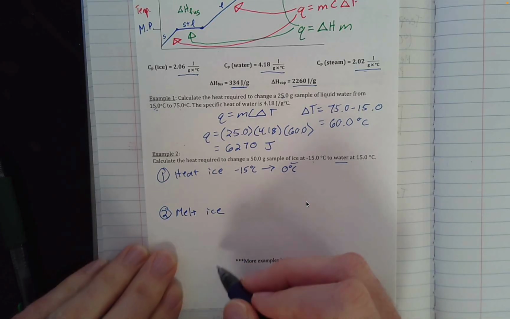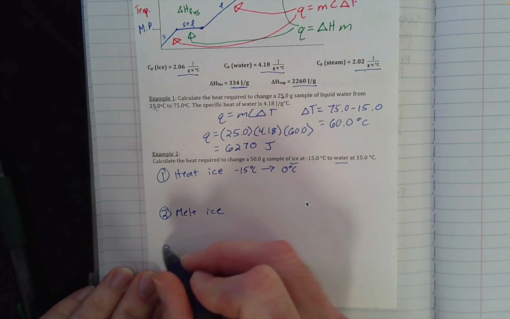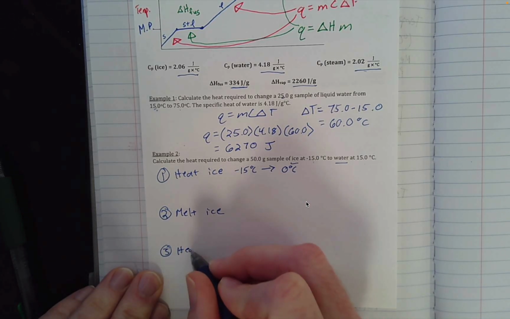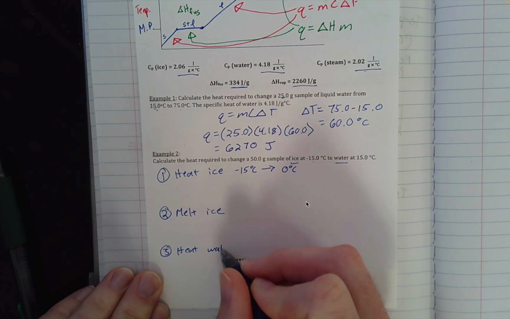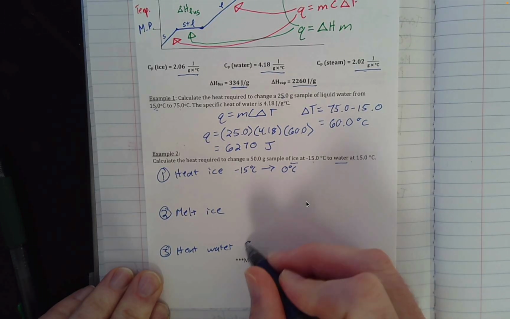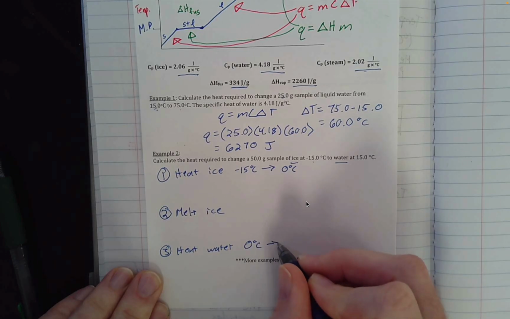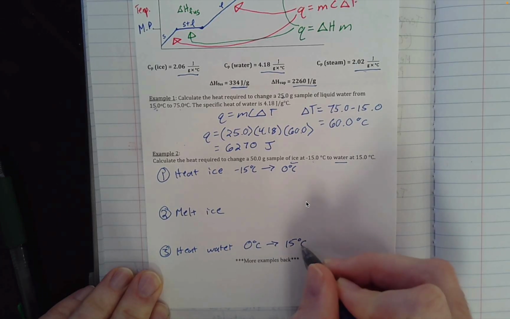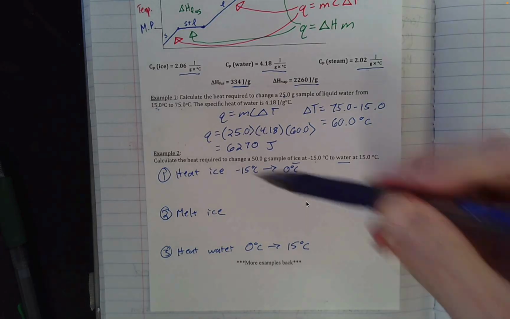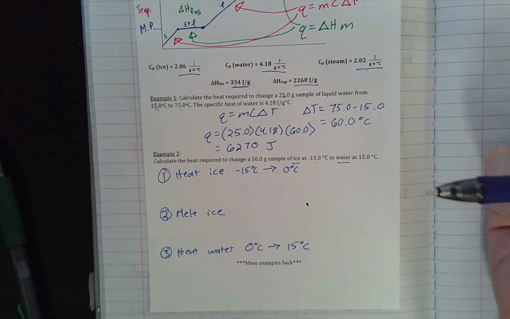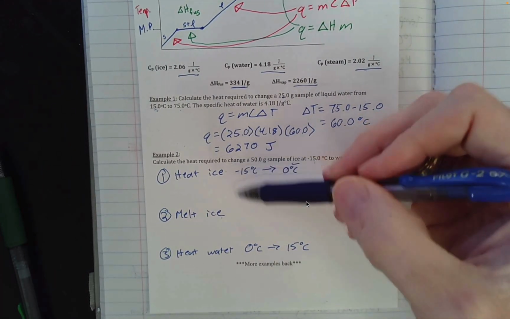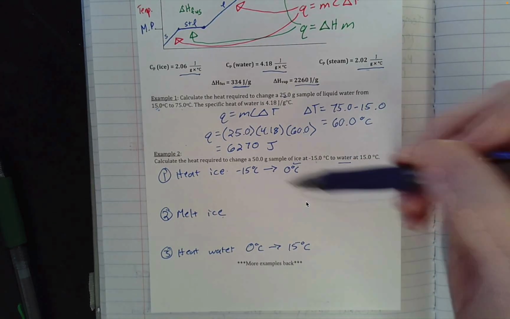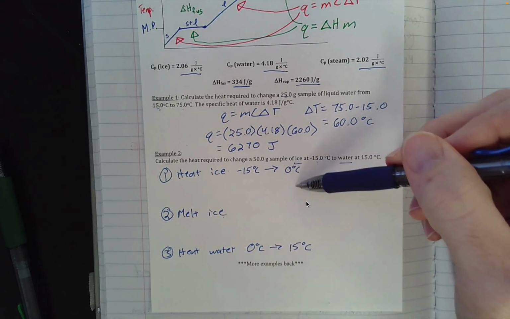Then we have to melt the ice, okay? Then we have to heat the water, and that's going to go from 0 degrees Celsius to 15 degrees Celsius. So each one of those is a different calculation. We're going to add those 3 together, and that will be the total amount of heat.